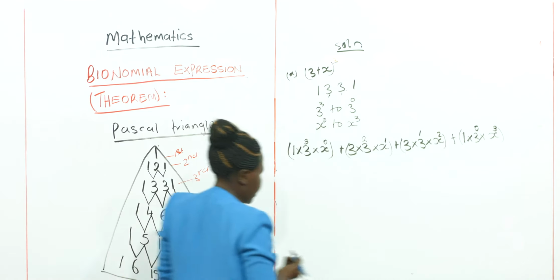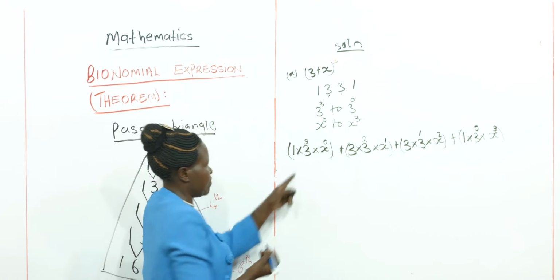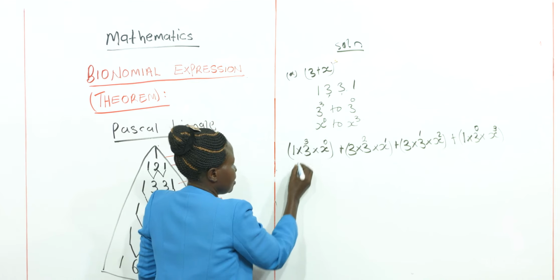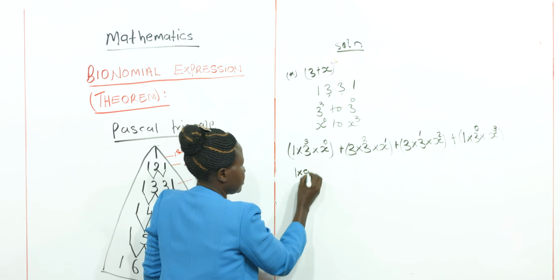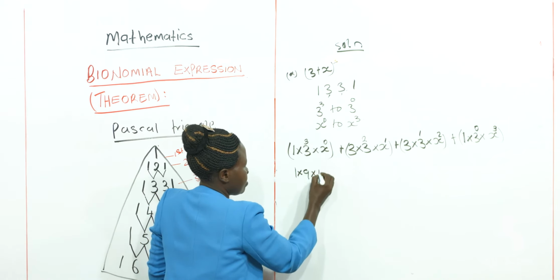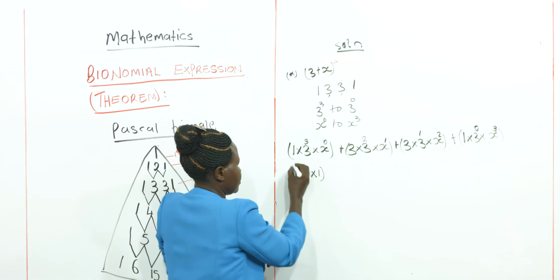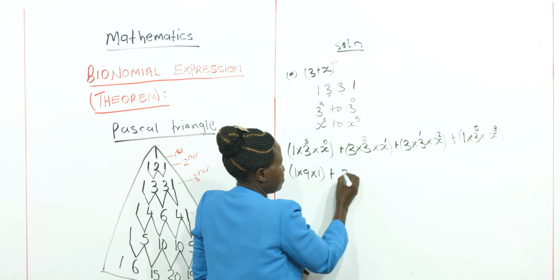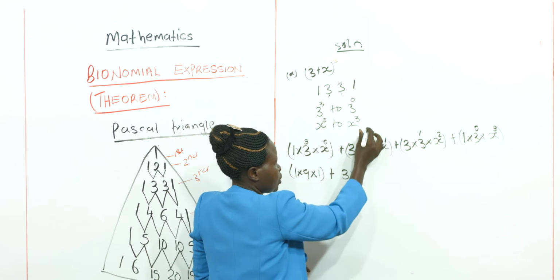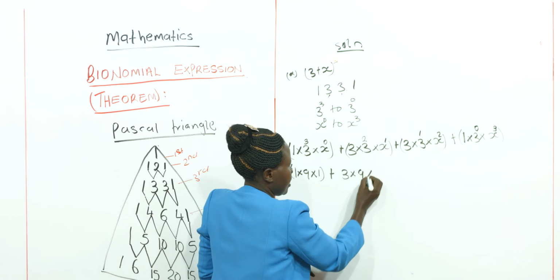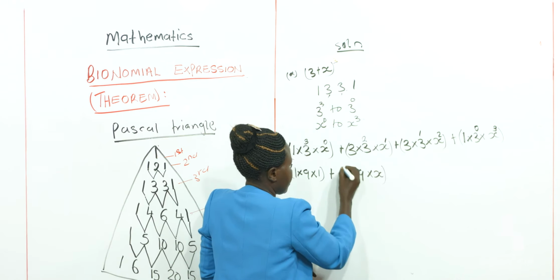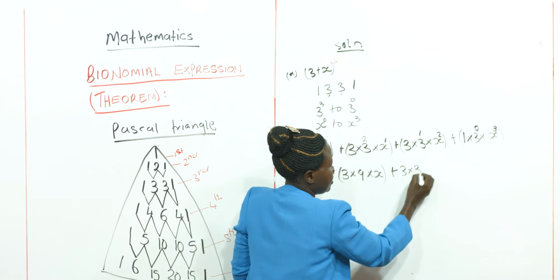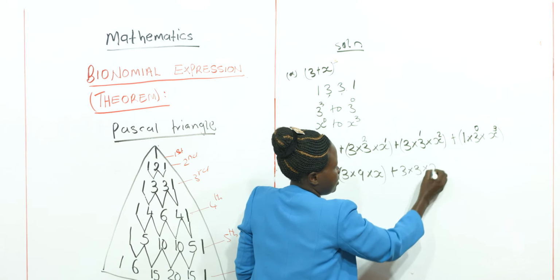Then from there, you can simplify. So 1 times 3 cube, we get 1 times 27 times 1, because any number power 0 is 1. And then plus, now here we shall have 3 times 3 square, which is 9, times x. And then we have 3 times 3 times x square.